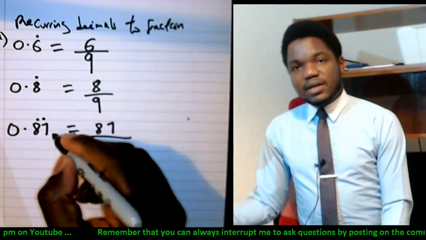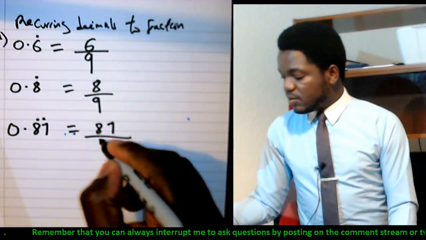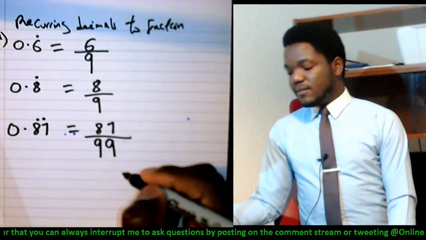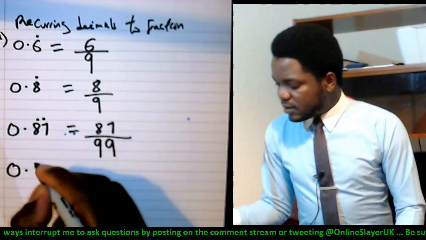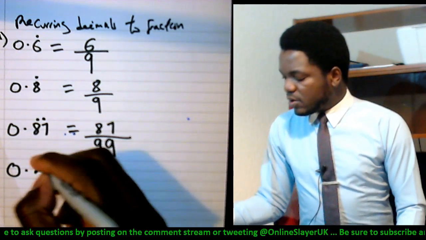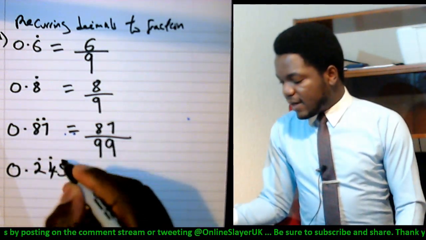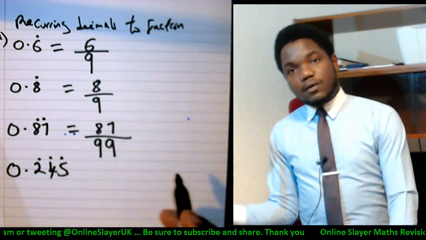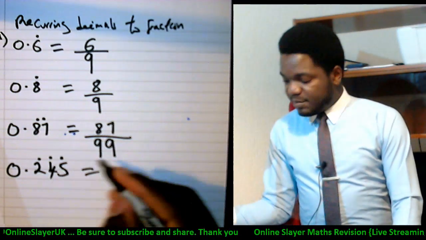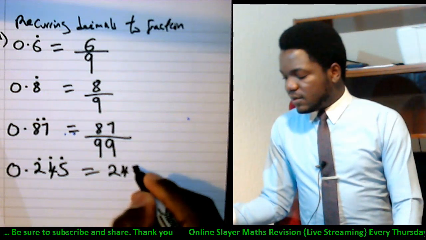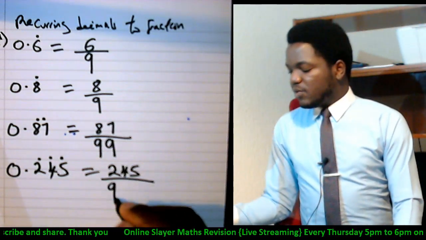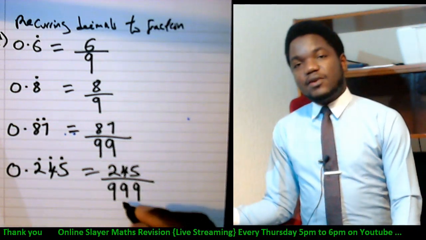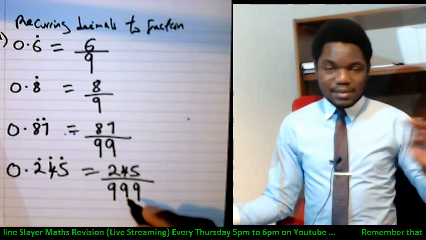How many of them are repeating? 2 of them, so it's going to be 99. If you have 0.245245245, 3 numbers are repeating, and the numbers are 2, 4, and 5. So we're going to divide it by 999, and that's the idea behind it.